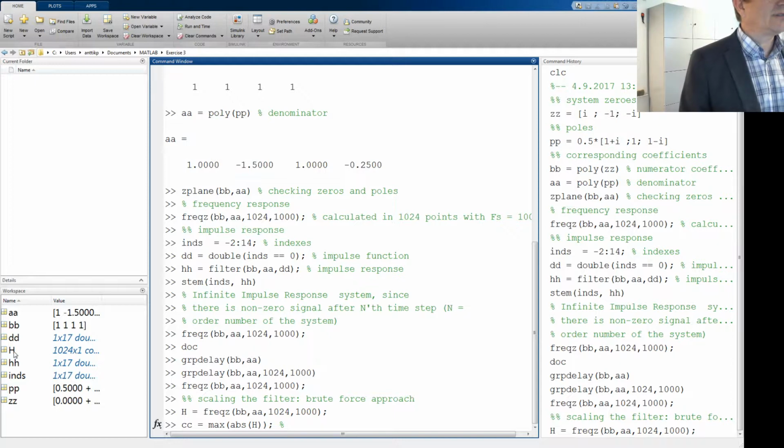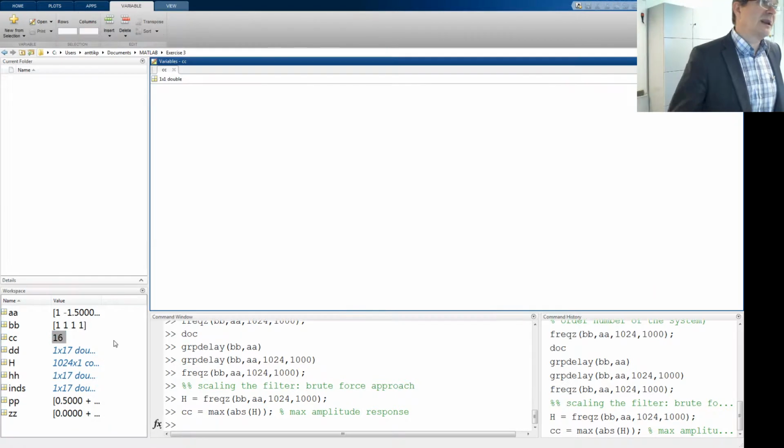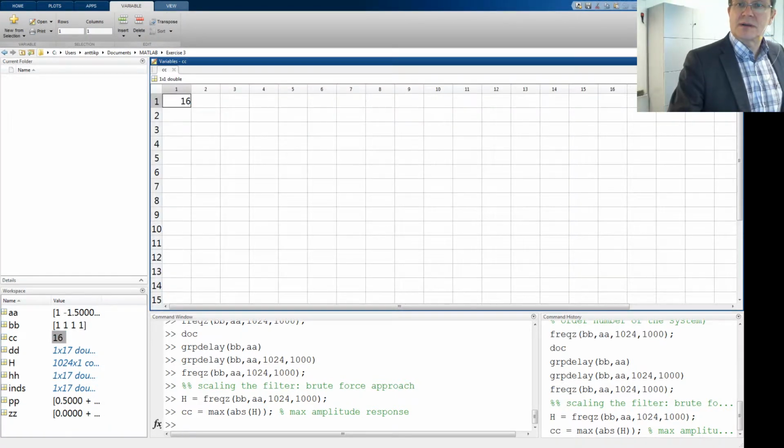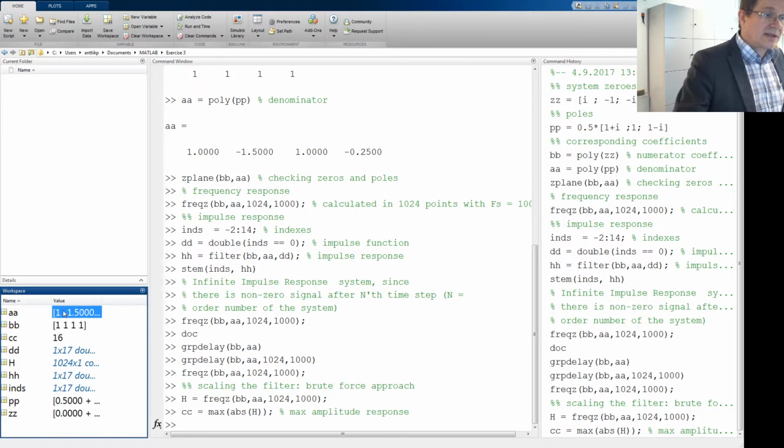This is engineering, this is not science. This will give me a good enough value to use in the calculations. So that's the max amplitude response, which is, by the way, nice, it's 16. It does make sense because of the scaling vectors here, one minus 1.5, and then the last one was 0.25 or something like that.